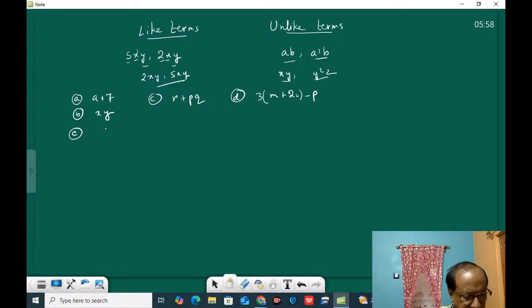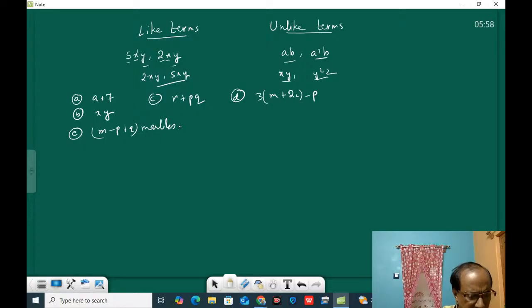A boy had A marbles at the start of the game. During the game, he lost P marbles and won Q marbles. He has now A minus P plus Q marbles. In this way, we can generate different algebraic expressions.